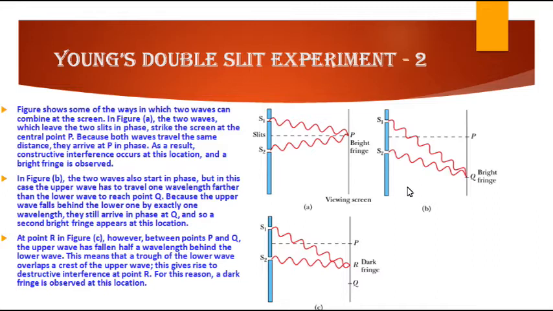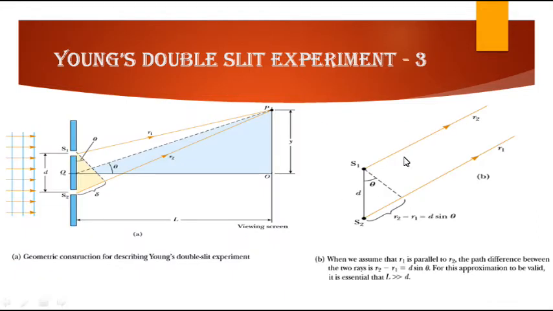As a result, constructive interference occurs at this location and a bright fringe is observed. So now you are clear with A what is happening.